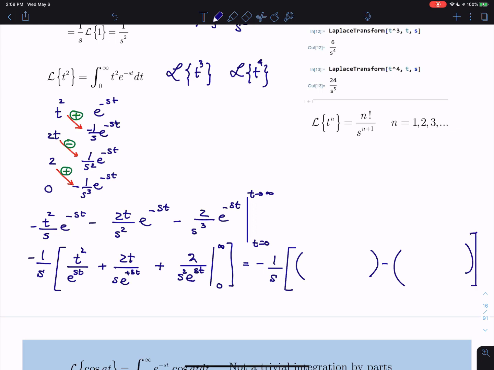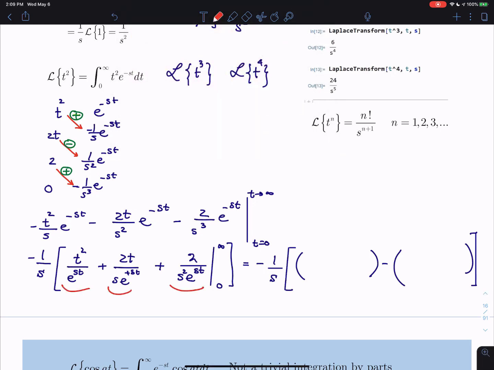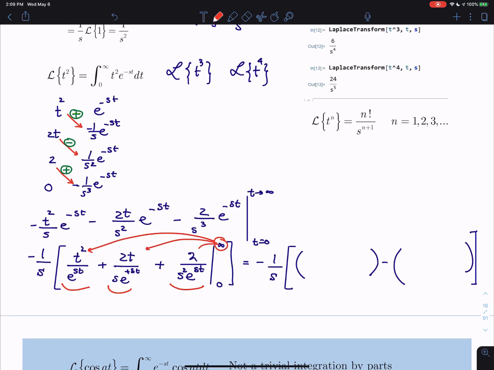Alright, now if I put infinity in these 3 fractions, so I put infinity in the first one, I put infinity in the second one, or drive those fractions towards infinity to see what happens. Again, since t squared is of exponential order, it grows slower than e to the st, so that whole fraction tends to 0.